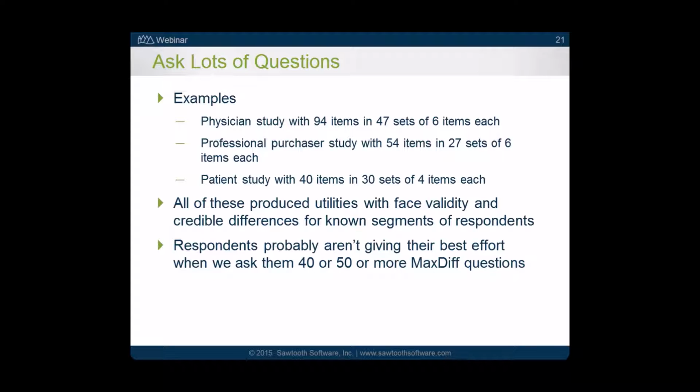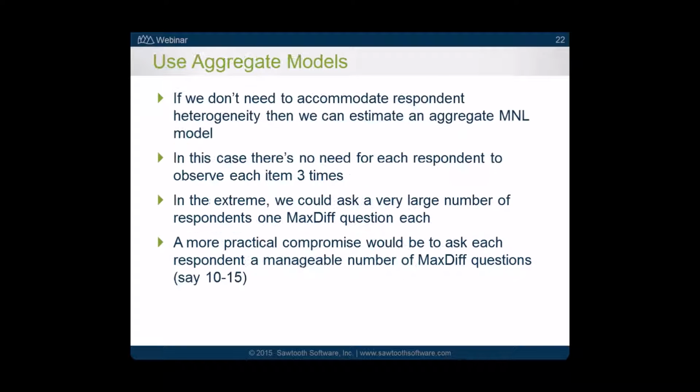And when I had known segments, I was getting credible differences among those segments. So it looked like it worked reasonably well. And still, I'm left with the feeling that when we're asking people 40 or 50 MaxDiff questions, we really can't be getting their best thoughts out of them. We just have to be fatiguing them. It just doesn't seem possible that we could be doing anything else.